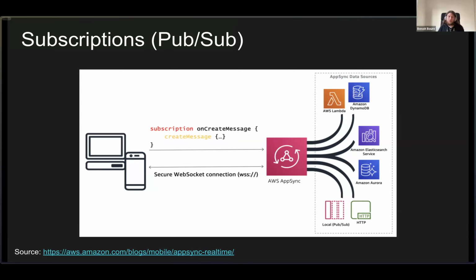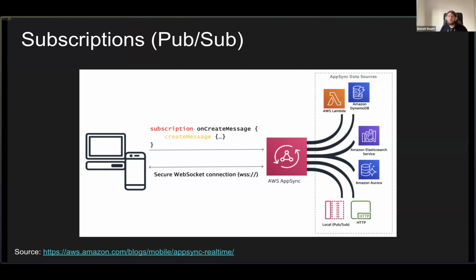So the way it works in AppSync is that when a subscription is defined in your schema, you would attach it to a mutation. You would say, whenever a client sends a mutation of this kind, I want to be informed about it, and I want to receive the payload that was returned by that mutation.